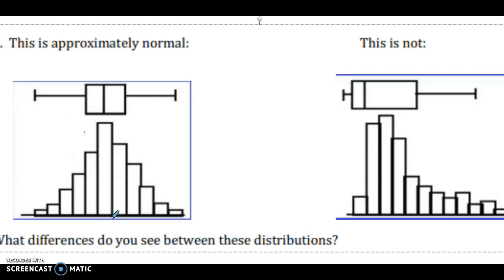So the one on the left, you can see that the box and whisker plot is symmetrical, just like the normal distribution. The box and whisker plot on the right is obviously not symmetrical because it's not a normal distribution. And also notice that the median would not be lined up with where the mean or the average would be. So I love how these compare and contrast box and whisker and normal distributions.